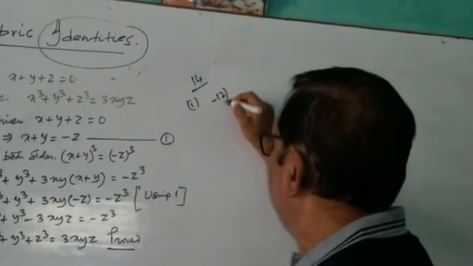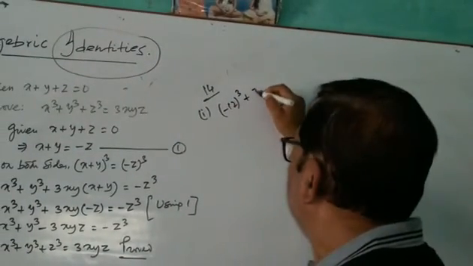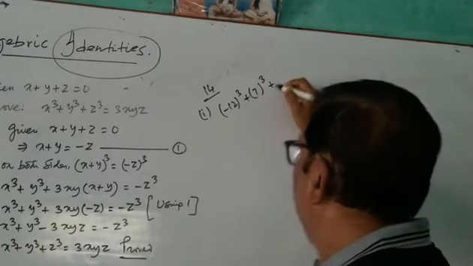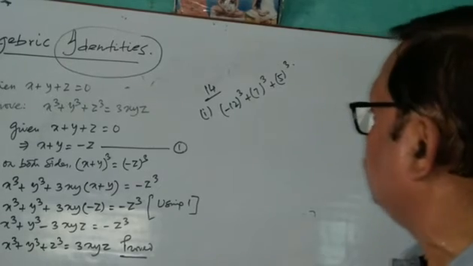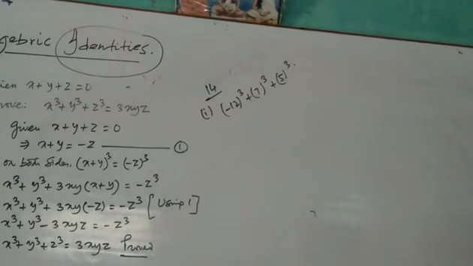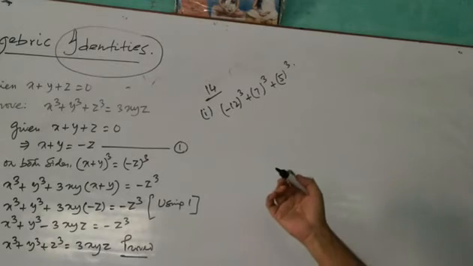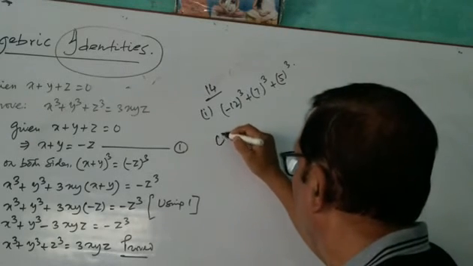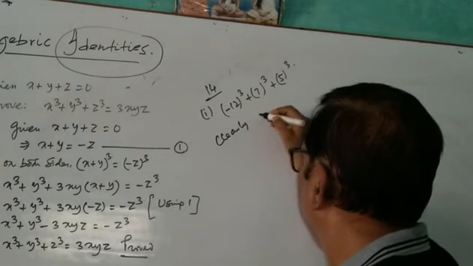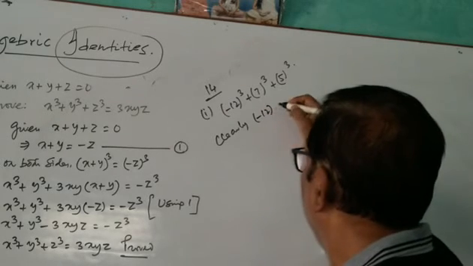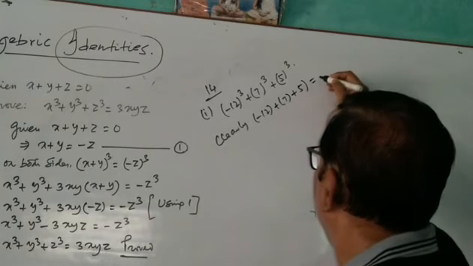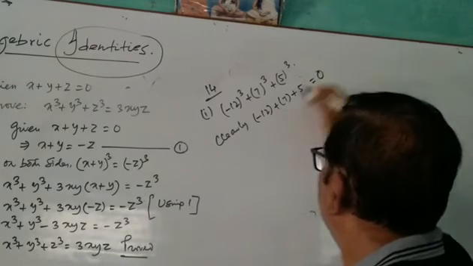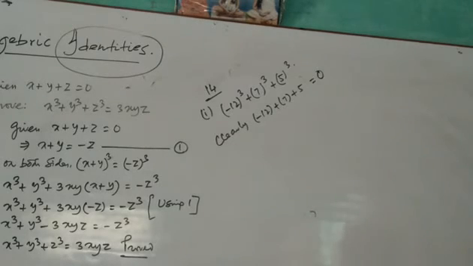First one, (-12)³ + 7³ + 5³. Without actually calculating the cubes, we are not supposed to find the cubes of the numbers, and we are using identities to solve. Now clearly, -12 + 7 + 5 equals 0.